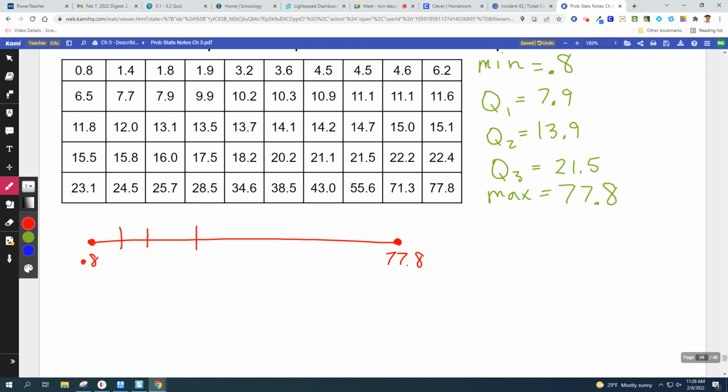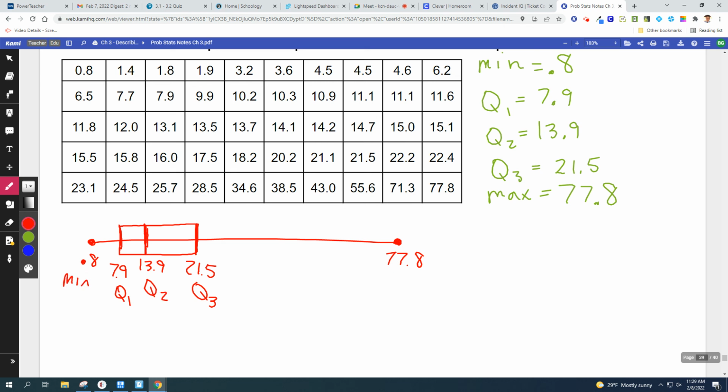So what they told us to do is draw a rectangle with one end at Q1, which was 7.9, and the other end of the box at Q3. And then you draw a line inside the box at Q2.